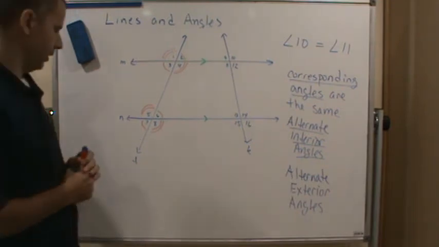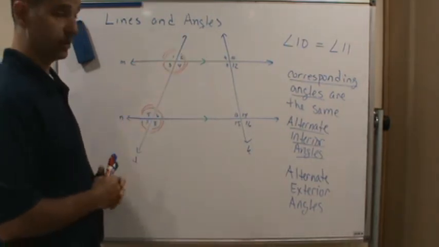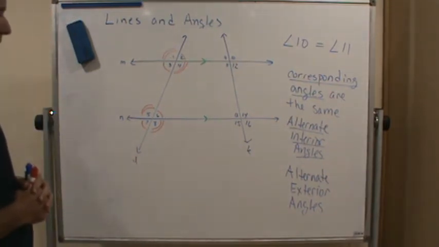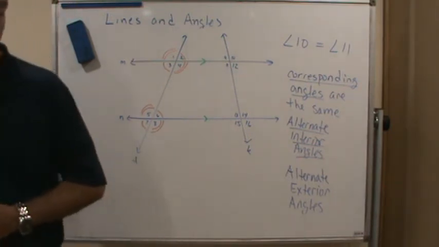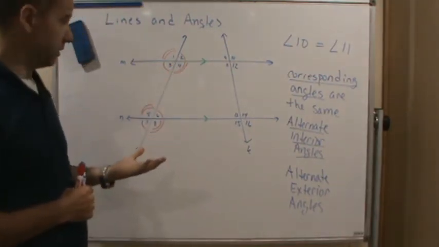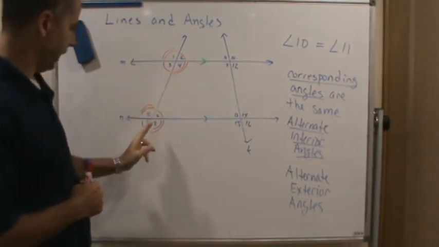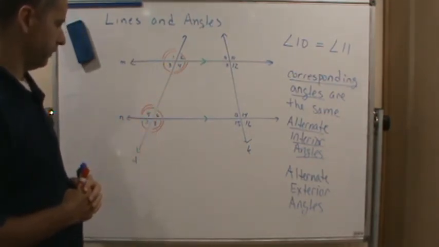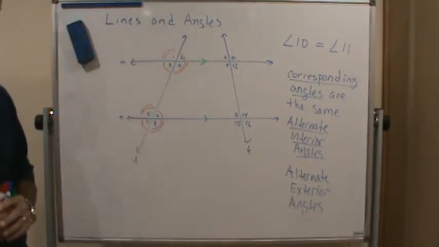Again, this is what happens when we get a transversal that intersects two parallel lines. We get all kinds of things that are equal. Also realize that angle 4 and angle 2 are supplementary, because they add up to a straight line. 8 and 6 are supplementary. 5 and 6 are supplementary.